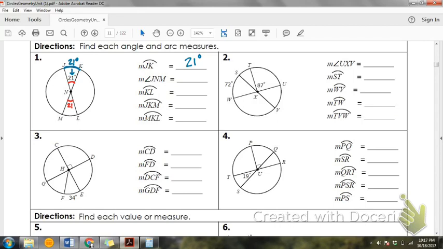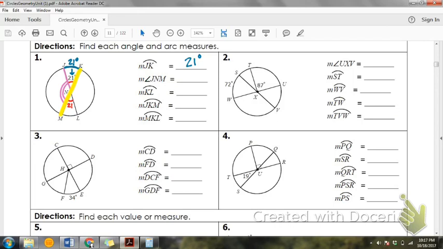Then it's asking us find the measure of angle JNM. So if I'm looking for the measure of angle JNM, J to N to M, it's talking about this angle out here. Well, remember, we have this diameter here, which is a straight line, and that creates 180 degrees on either side.